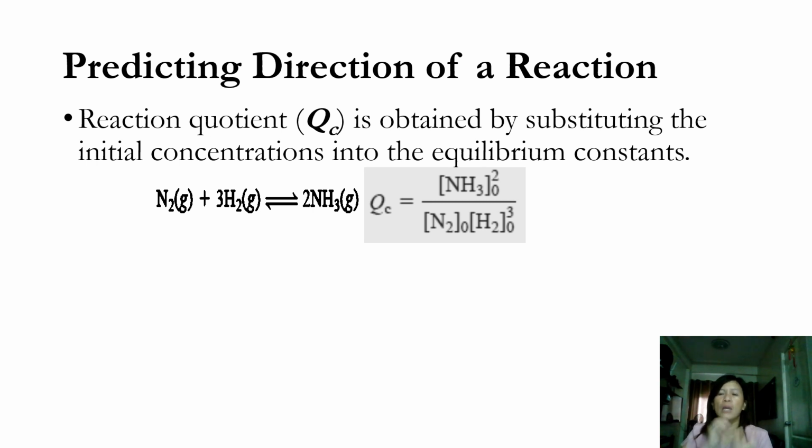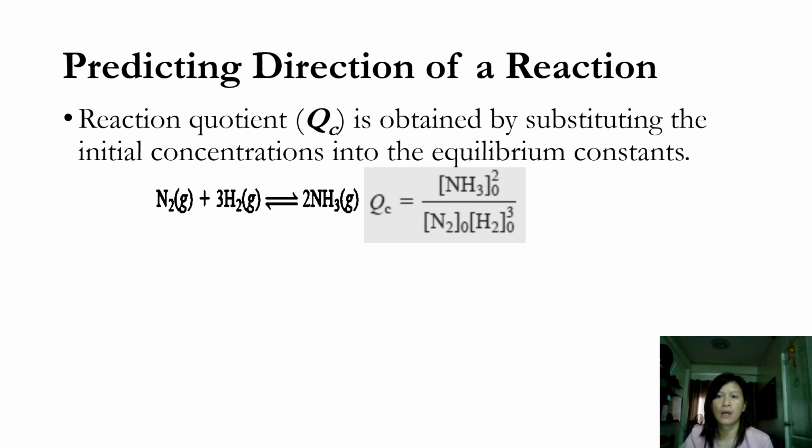We have the equilibrium partial pressures of the product divided by the equilibrium partial pressures of the reactants, also raised to their respective stoichiometric coefficients.